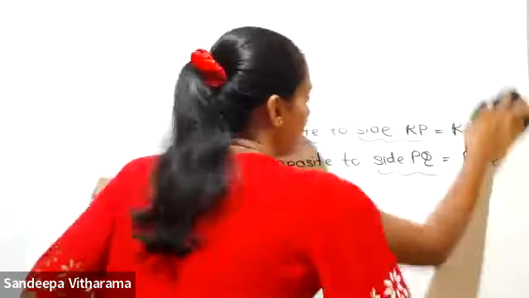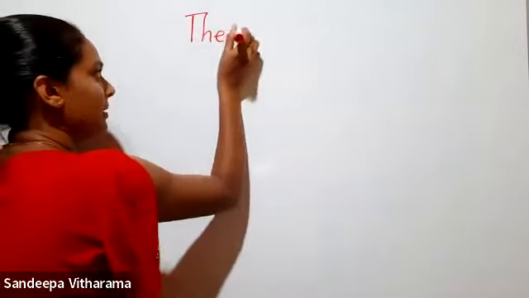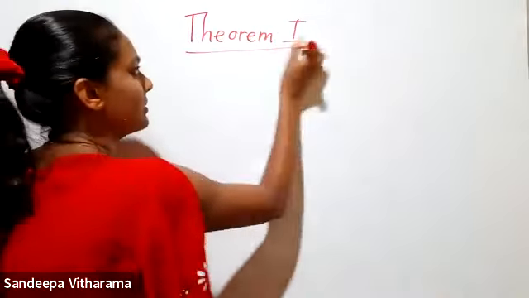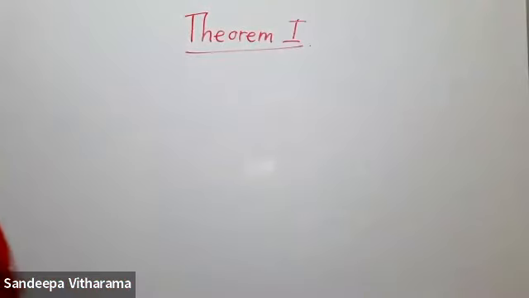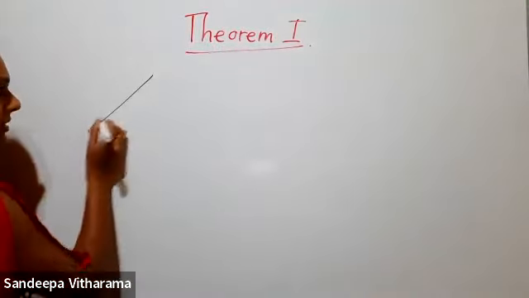When we have an isosceles triangle, look at theorem 1: the angles opposite to the equal sides of a triangle are equal.